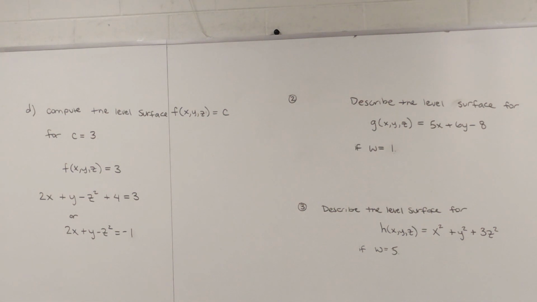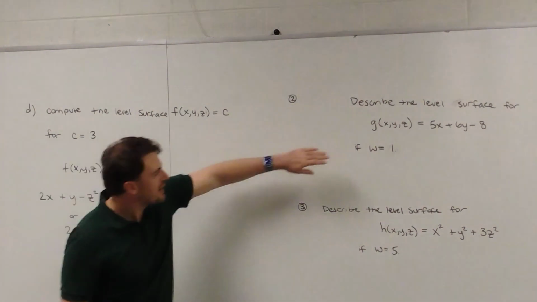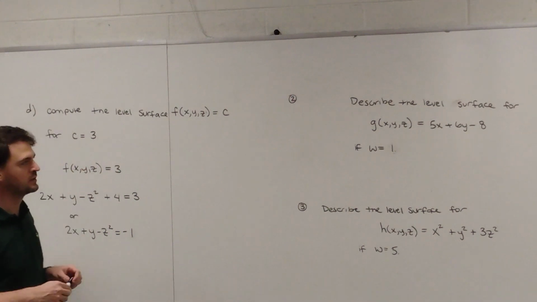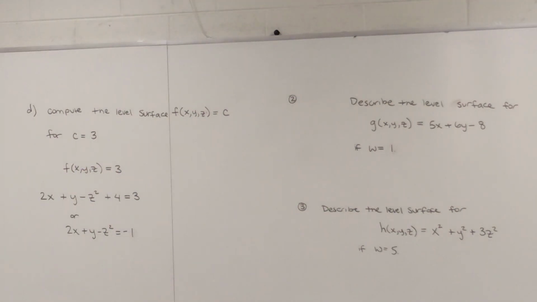Level surfaces. I've got some four-dimensional thing, can't really think about it. But if I let my W, or my output, equal 1, it's just asking me to describe what now three-dimensional thing we would see.